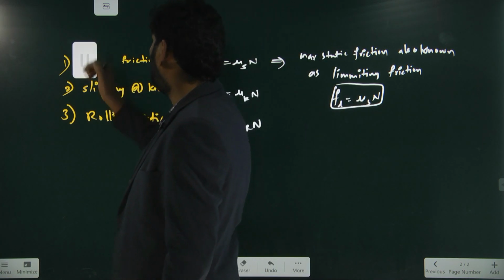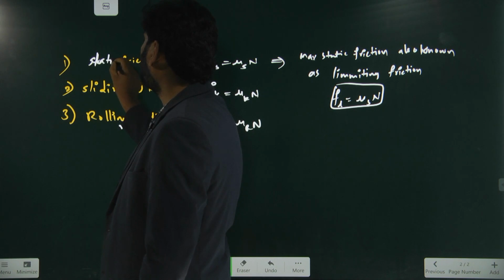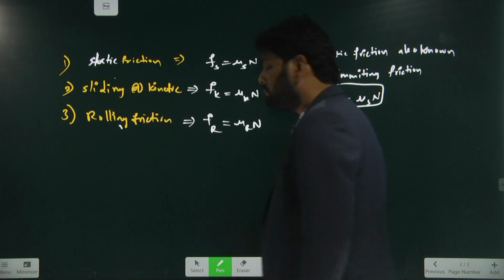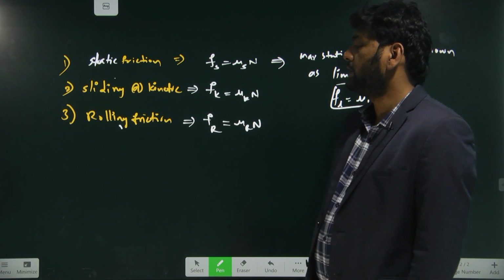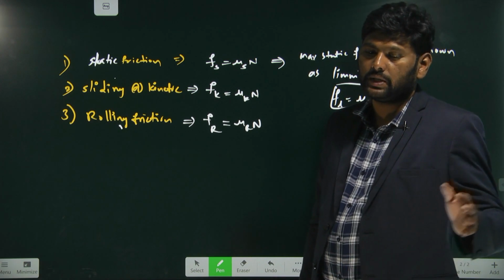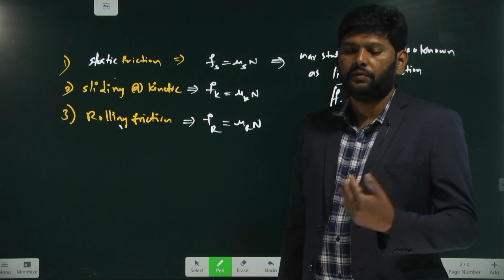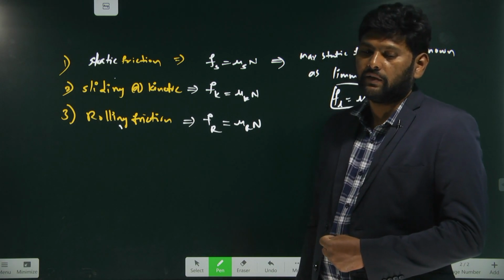Next, what is meant by sliding friction? Sliding friction or kinetic friction: when the objects are in motion, sliding on the surfaces, the friction existing between the surfaces is known as sliding friction.